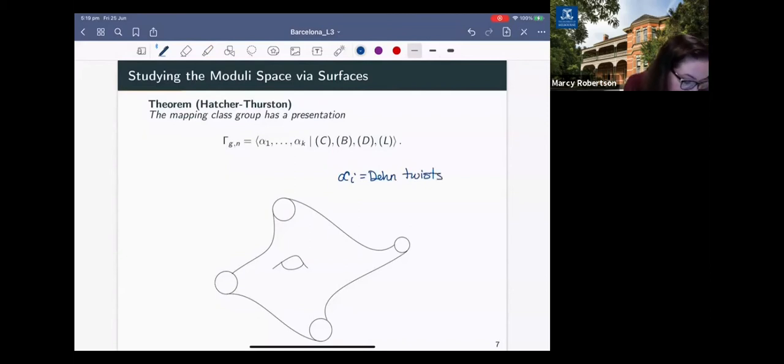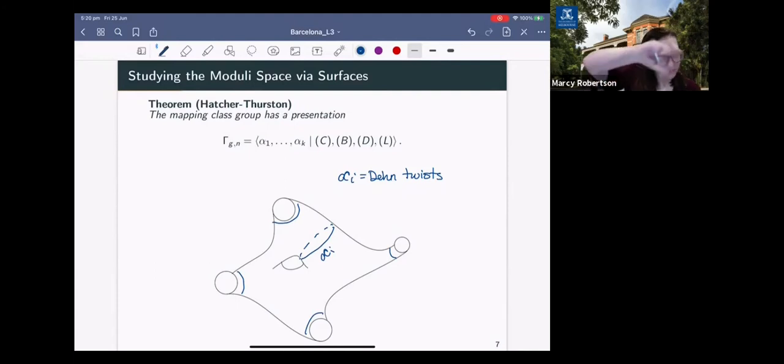So these are diffeomorphisms that look like twisting around a particular circle embedded in the surface, right? So if I have a circle embedded in the surface, I have a Dehn twist. In particular, I have one generator for each of these boundaries, which you can think of as a copy of Z. So it's like, think of a corkscrew around each one of these boundaries. So there's a bunch of copies of Z.